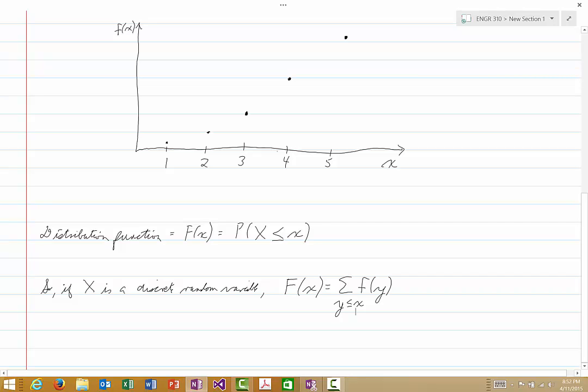Because remember, if we're talking about a discrete random variable, then little f of y is the probability that the random variable is equal to y.